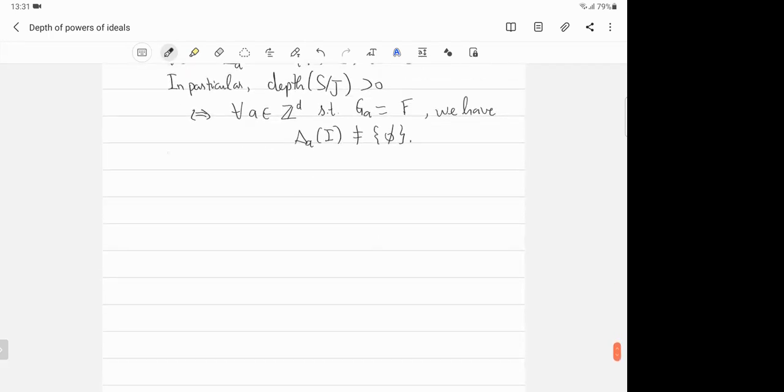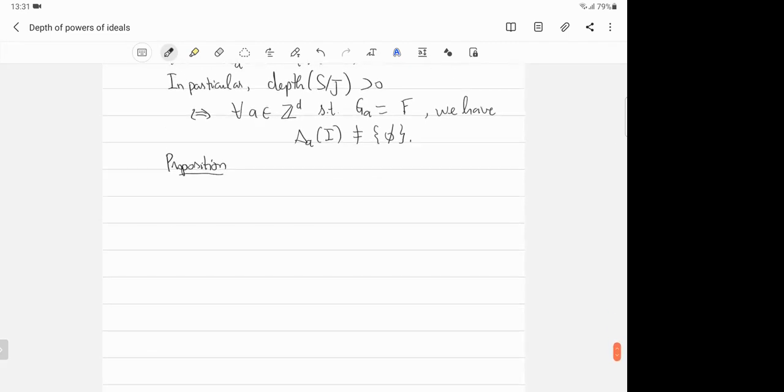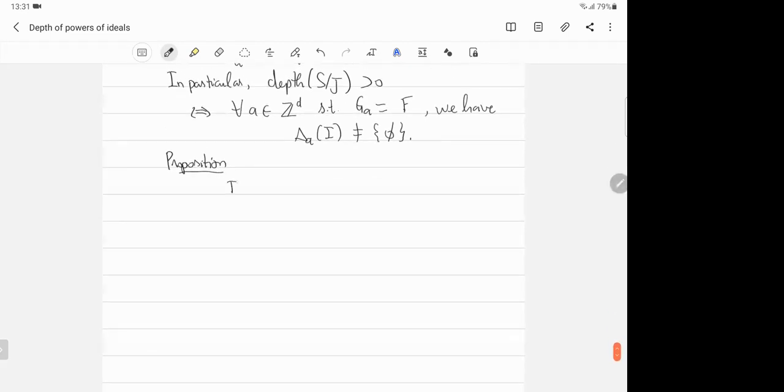For example, a consequence is a condition for the vanishing of the first local cohomology. So the following are equivalent.